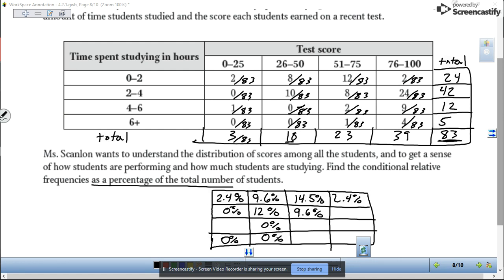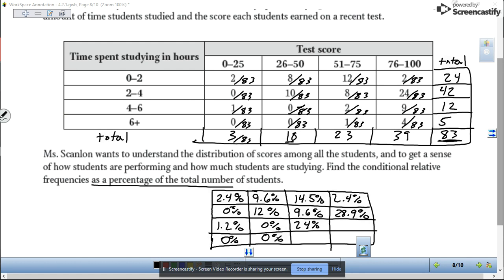And then 24 divided by 83 is 28.9%. Then 1 out of 83 is 1.2%. 2 we've already done, that was 2.4%.